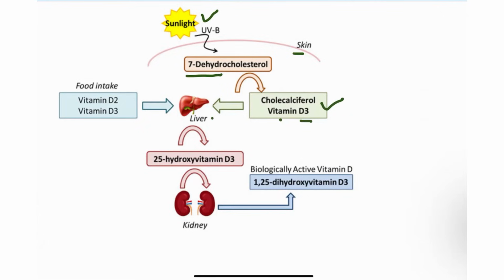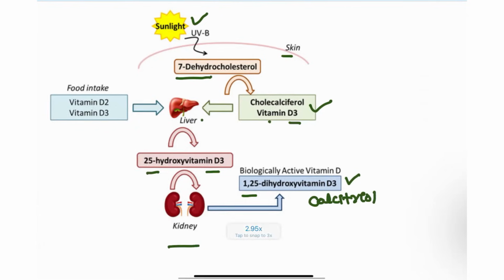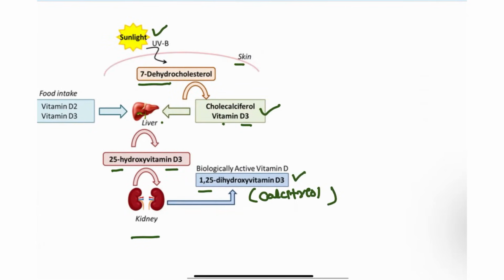And from there, it is going to convert in the kidneys with the help of 25-hydroxy vitamin D3 to the biologically active 1,25-dihydroxy vitamin D3. This is known as calcitriol. This is your active form, calcitriol. This is the pathway for vitamin D.